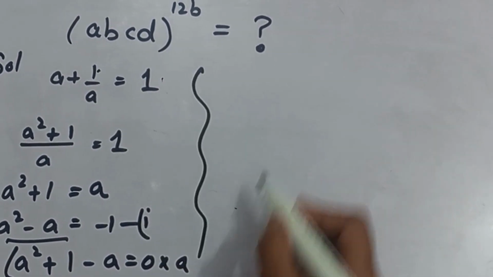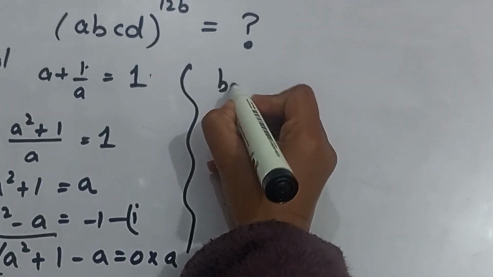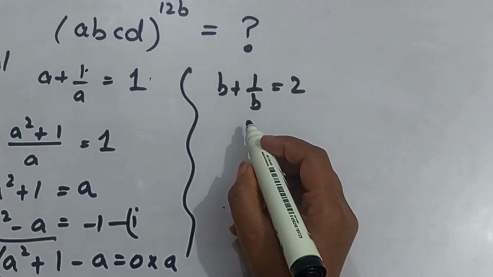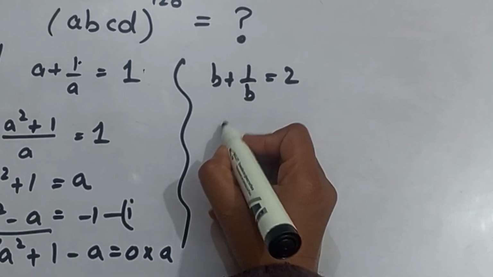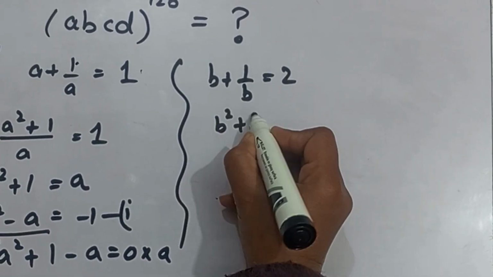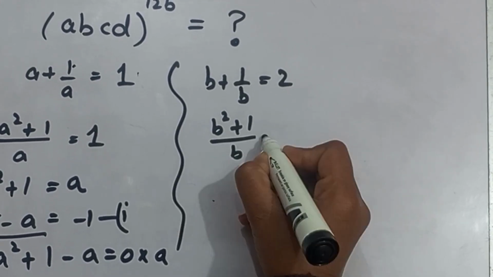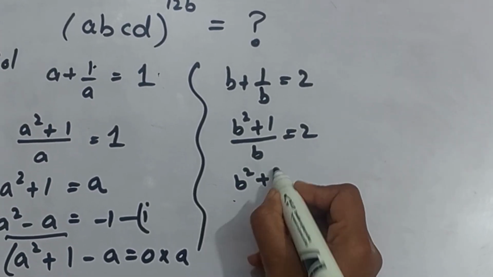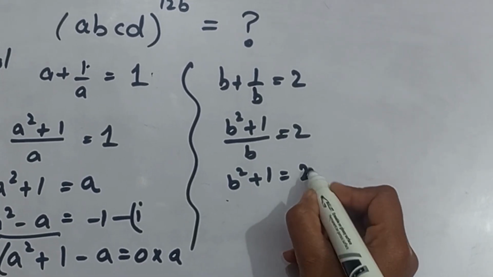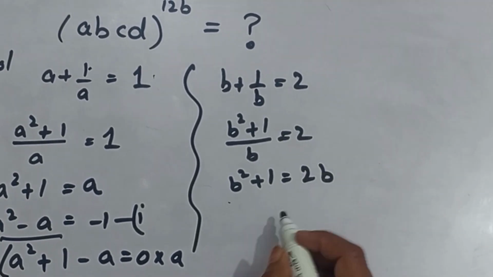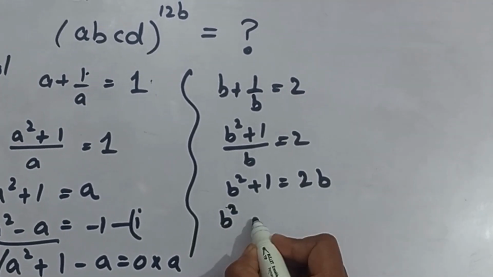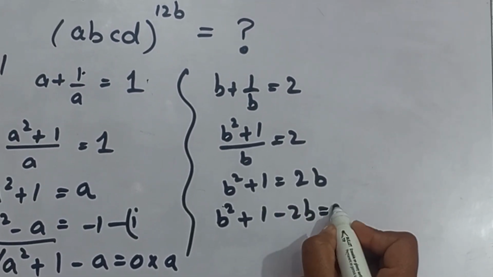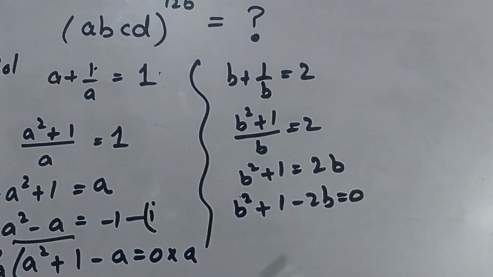Now we use the second information. We have b plus 1 over b is equal to 2, and we write this as b square plus 1 over b is equal to 2, so b square plus 1 is equal to 2 times b. And we write this as b square plus 1 minus 2 times b is equal to 0.